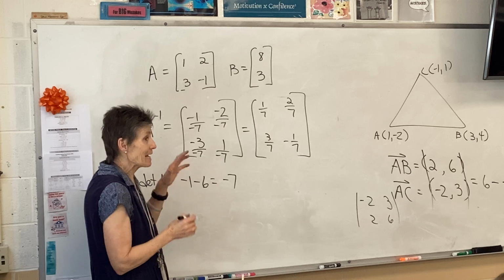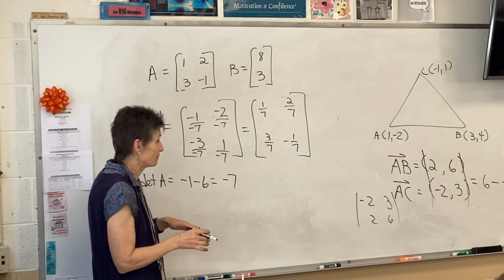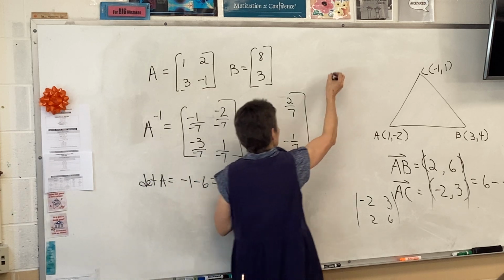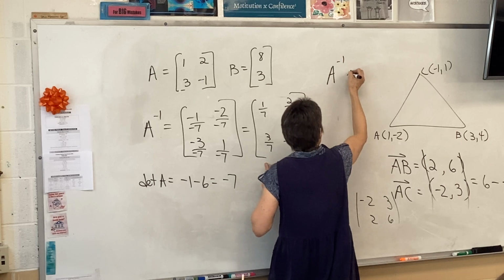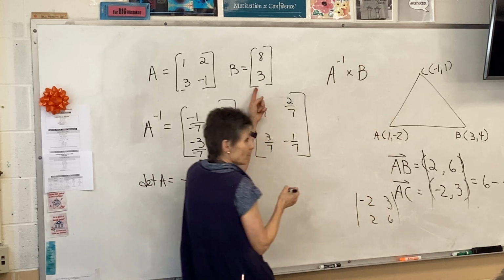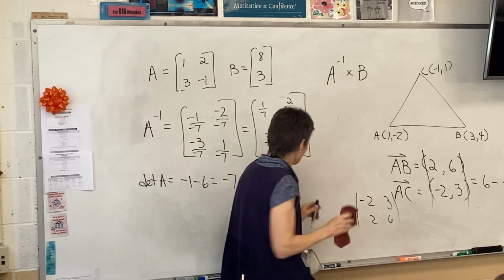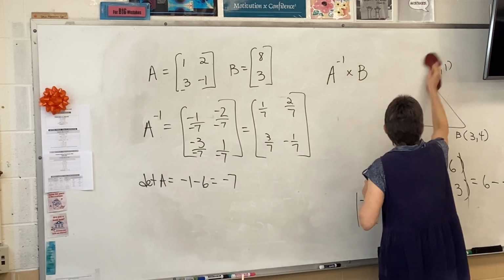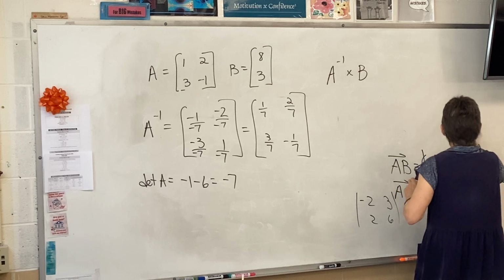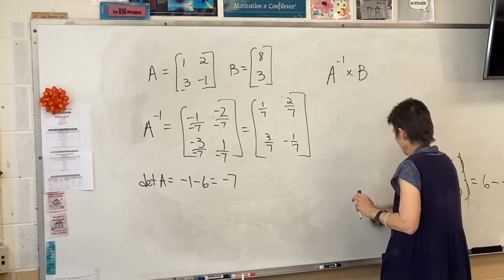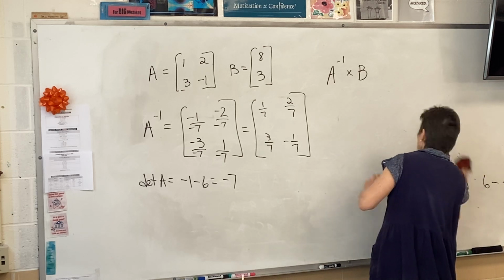To get my answer to the question, I take my inverse matrix and multiply it times my B. How? What do you mean how? It's a 2 by 2 multiplied by a 2 by 1.